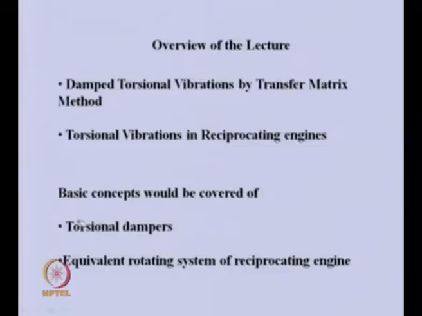In this we will be introducing torsional dampers which will be proportional to the relative velocity between two components, and these torsional damping forces will depend upon the rotational speed either of the disc or the relative twist of the shaft. And we will even be introducing the concept of an equivalent rotating system of a reciprocating engine system.